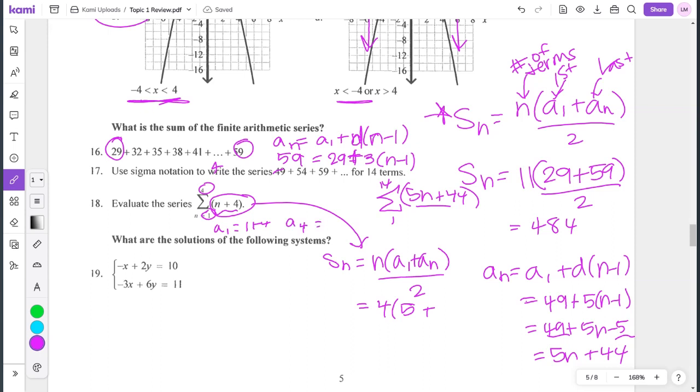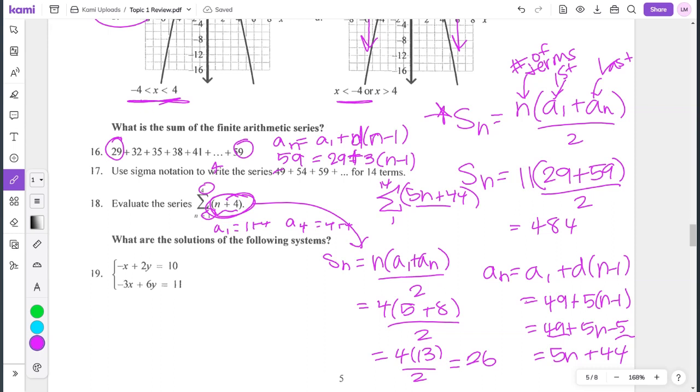I'm going to plug in 4 to this. So 4 plus 4, and that's 8, over 2. So 4 times 13 over 2. You can throw that in your calculator, or I can reduce the 4 and the 2, and that gives me 26 when I sum those up. All right, so 26 for 18.